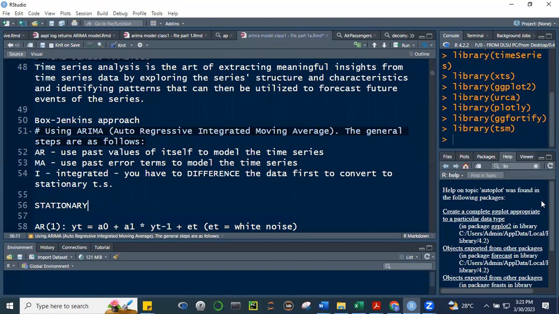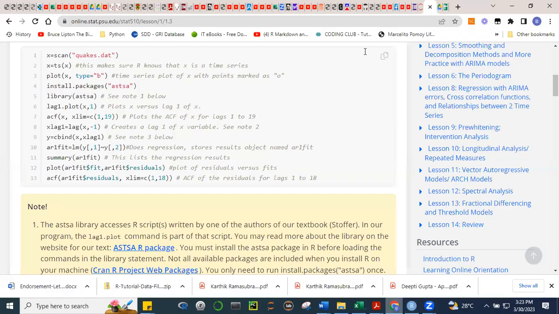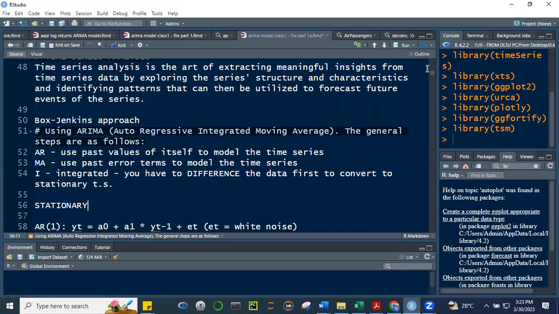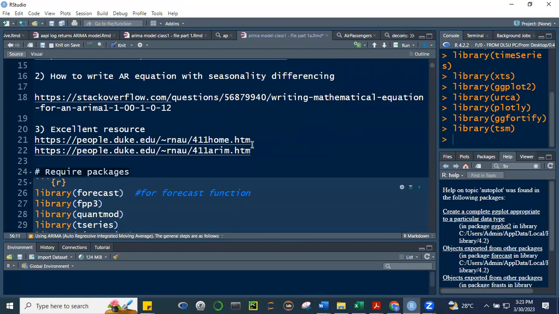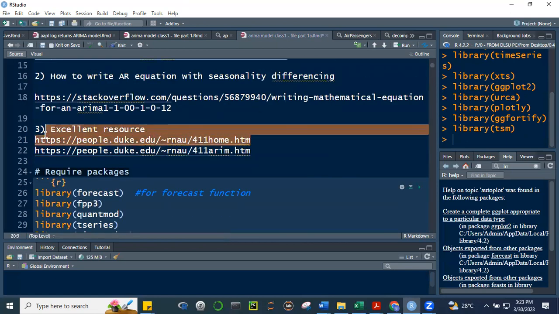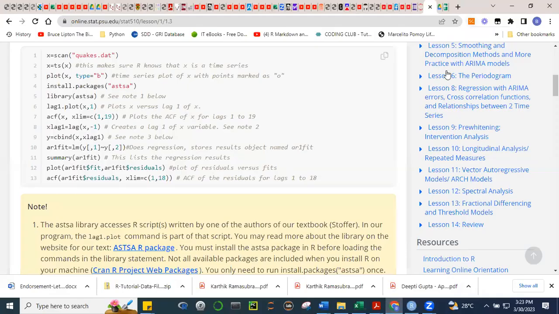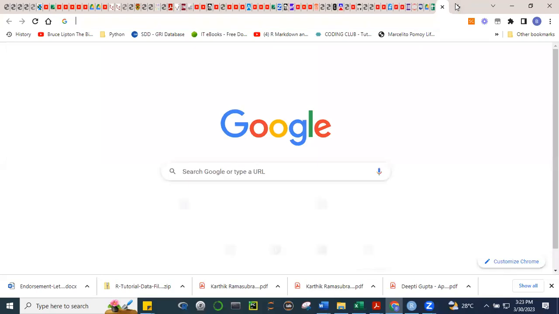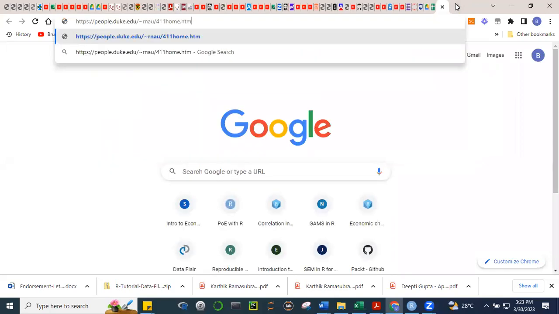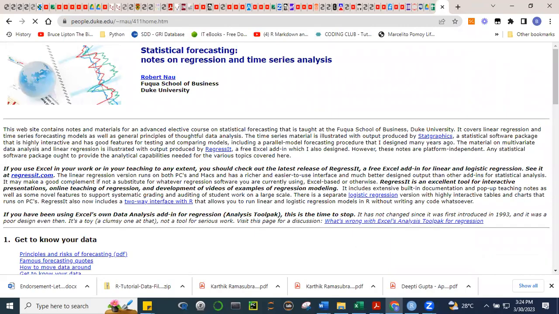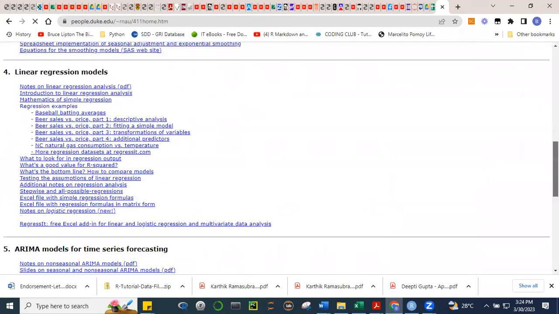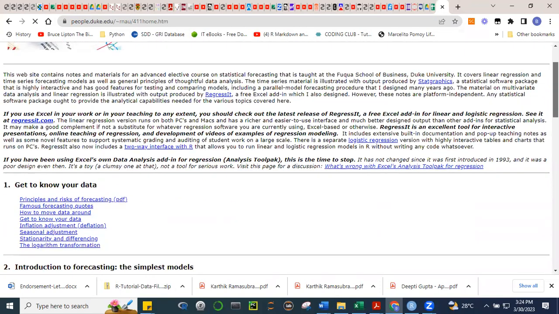Stationary. Okay, let me see if the site that I provided you, can we check this one by Duke? If this shows us a stationary time series. Okay, all right, not much.